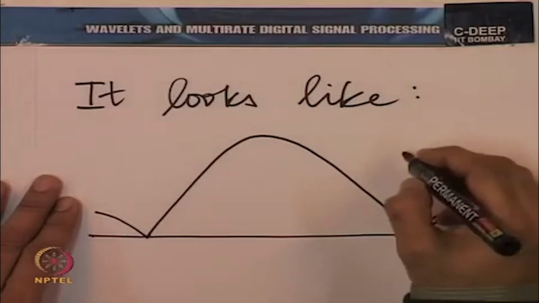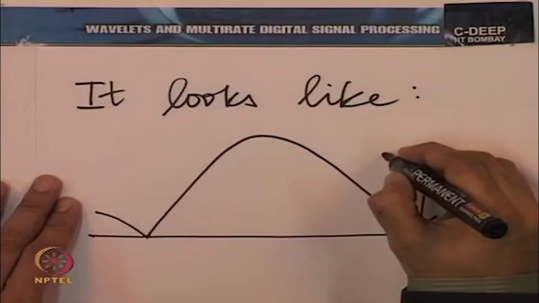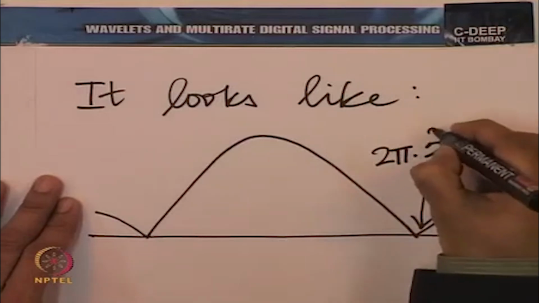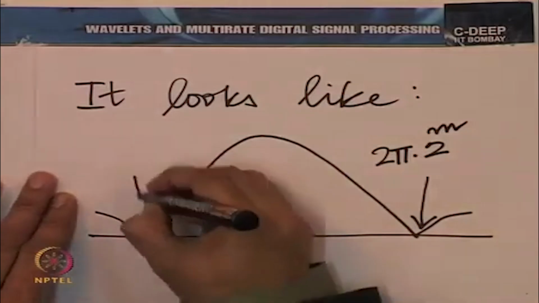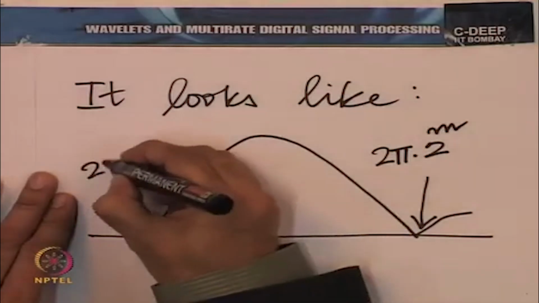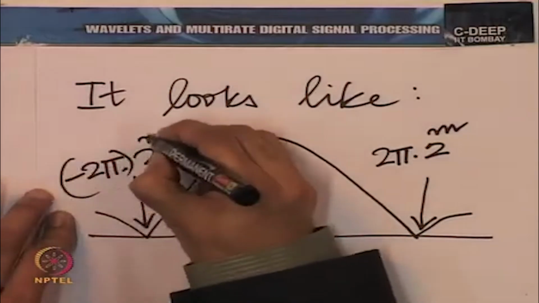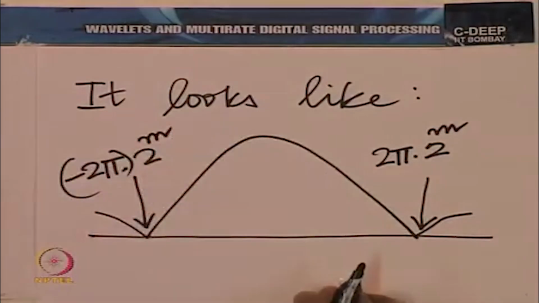This is the place where you have 2 pi multiplied by 2 raised to the power of m. So, in effect, you have expanded that main lobe and all the side lobes by a factor of 2 raised to the power of m.